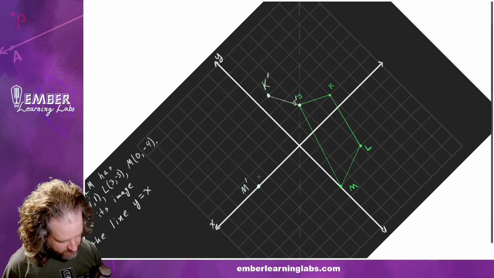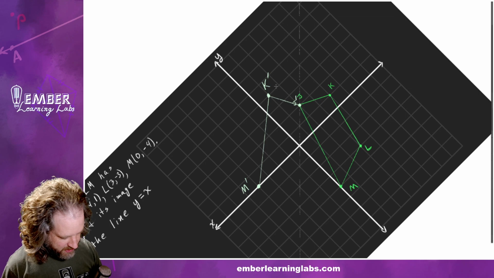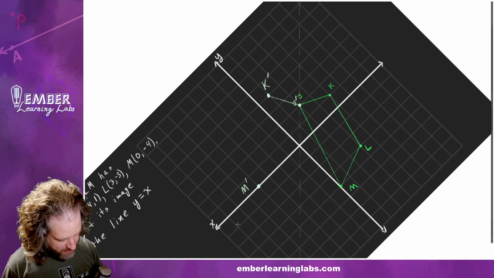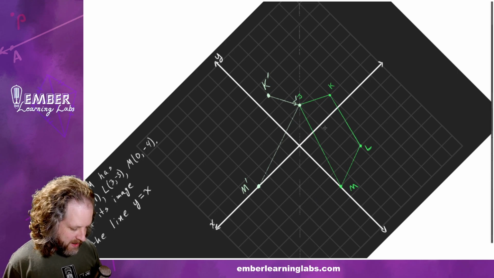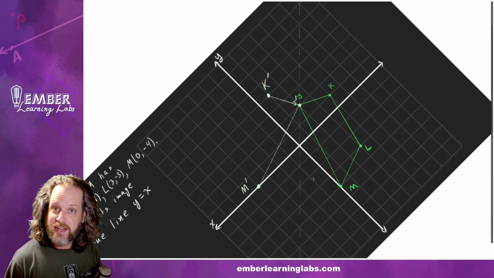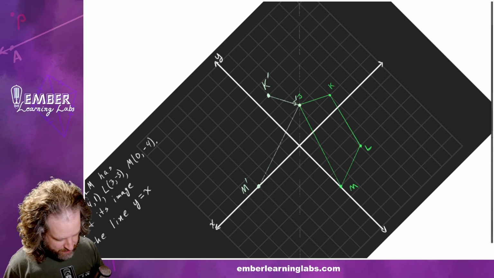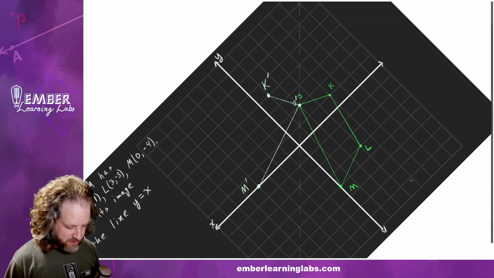If I connect this to make sure I'm looking right, except that's not right. How about M connects to J? This to there, right? Does it look like it's flipped over? Yes, it does. I'm keeping my nice symmetry and all of those things is looking great.